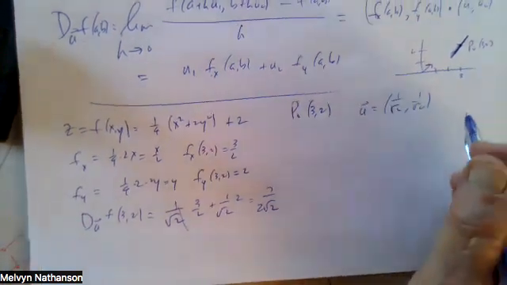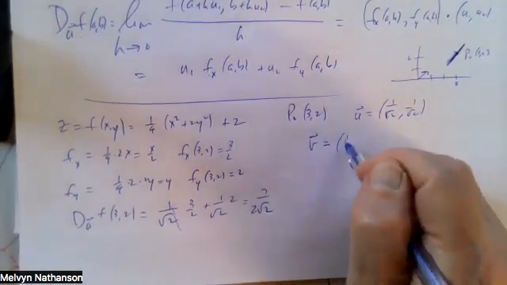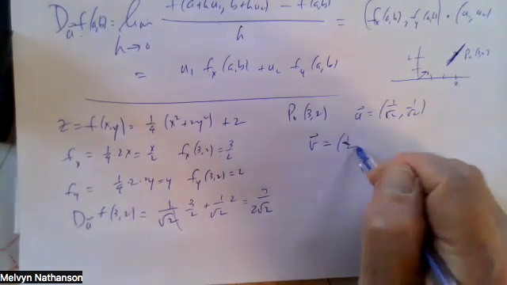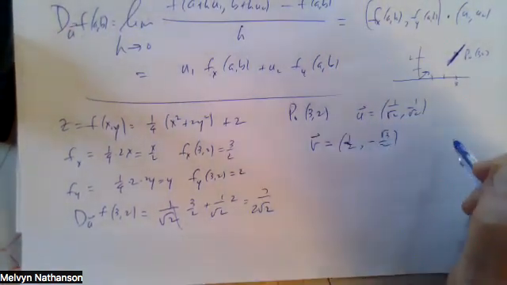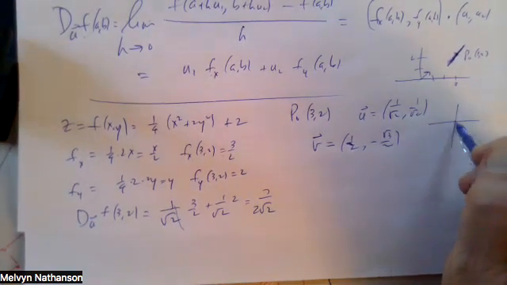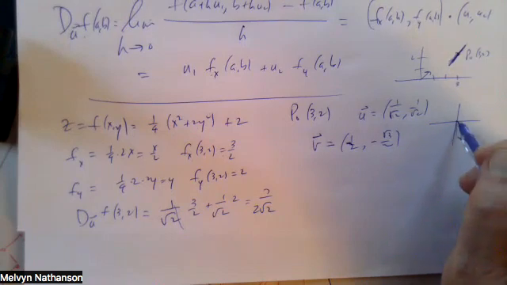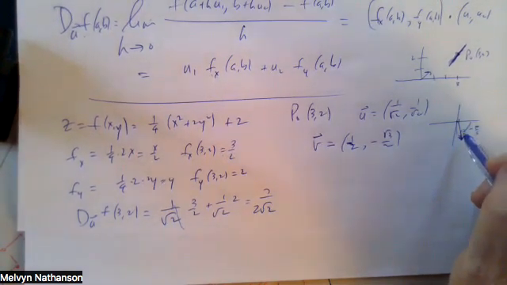If we took a different direction, the direction v equal to (1/2, minus root 3 over 2). So that vector is a unit vector in this direction. This angle is minus pi over 3.